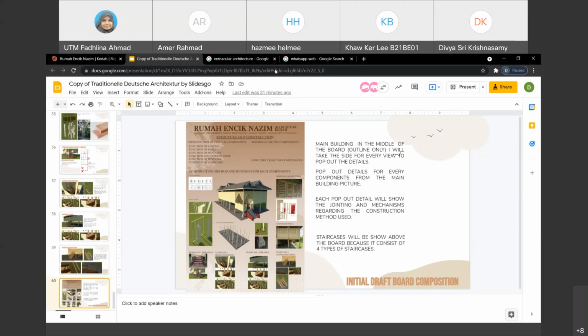So which part of the house? The main part of the house that I'm going to emphasize is the wall part. I think it's better if you take the facade one because it has this arch over here, the gerbang, the arch.